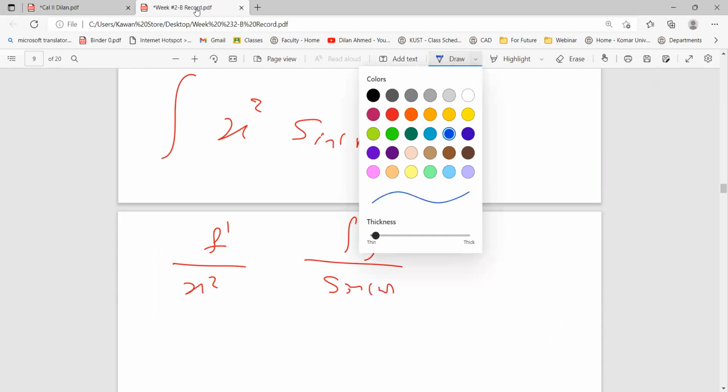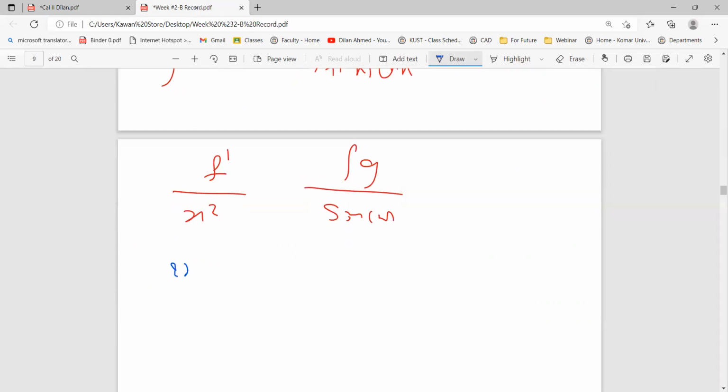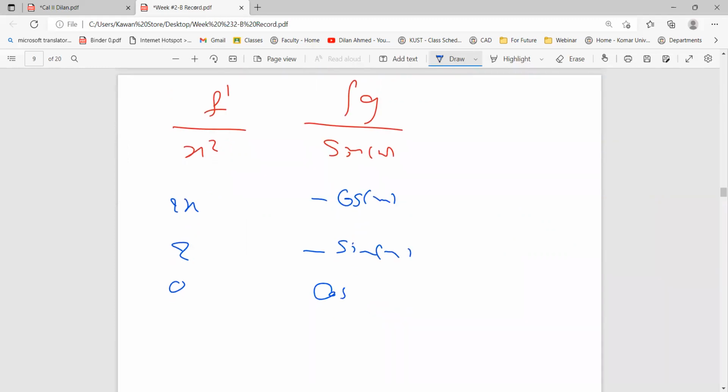Now, derivative of x squared is 2x, derivative of x, derivative of 0. Integral of here, integral of here, integral of here. So positive, negative, positive.